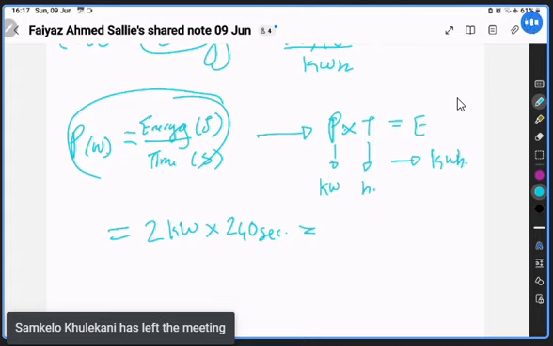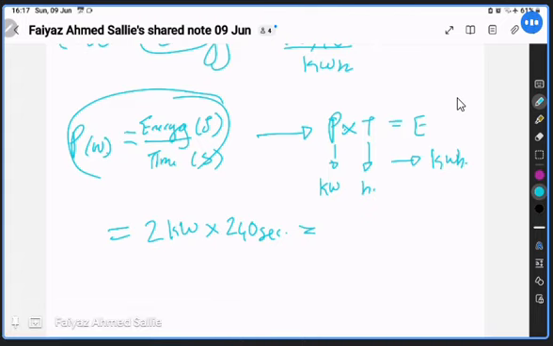And we get an answer of, calculator, 2 times 240. We have 480 kilowatts a second.